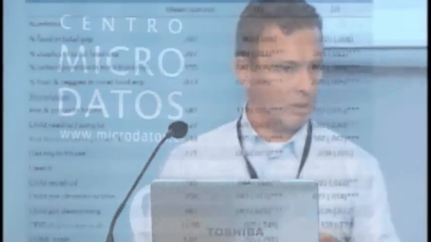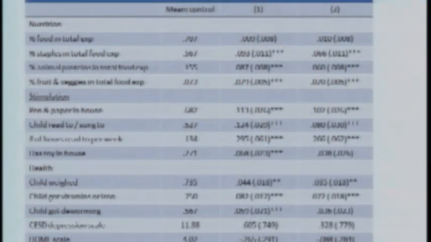In the paper, we have a number of other ones. It's almost illegible if you include all of them, but just take my word, there are a number of other ones. And what you see here is, if you look at, for example, food expenditures, households that were randomized into the treatment group are spending lower fractions on staples, that's what you see in the second row, and higher fractions on animal proteins and on fruits and vegetables.